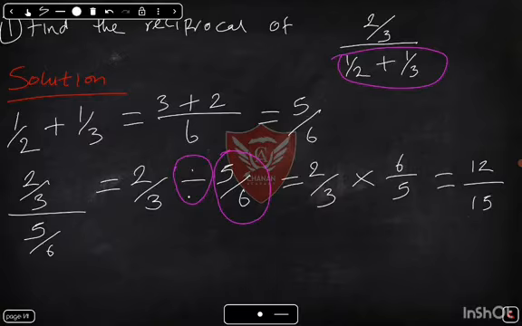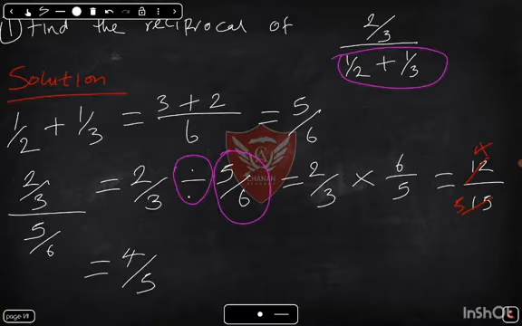If you divide the numerator, which is 12, by 3, you have 4. And if you divide the denominator 15 by 3, you have 5. So our answer will be 4 over 5.